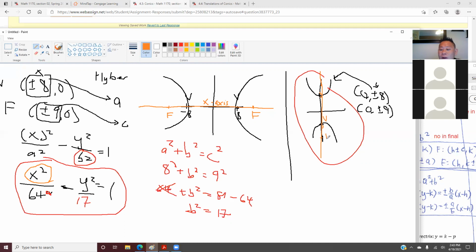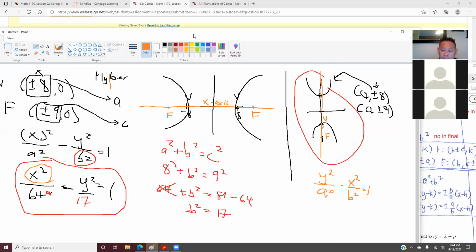So since it's on the y-axis, the equation will be y squared over a squared minus x squared over b squared equals 1. So the a squared, b squared is still going to be in the same place. We just switch your x and y around, depending on the transverse axis. We only do minor and major for ellipses. For hyperbola, we just do the transverse axis in this case.